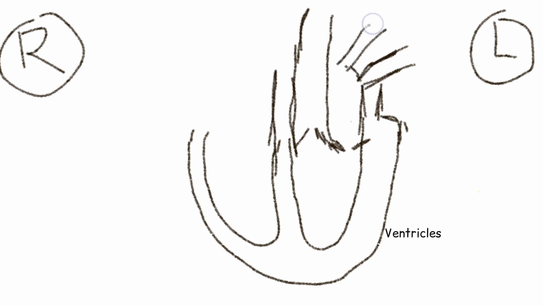I think in this diagram I have just drawn two large veins draining blood into the top chamber, the left atrium. Remember, there are actually four in humans.